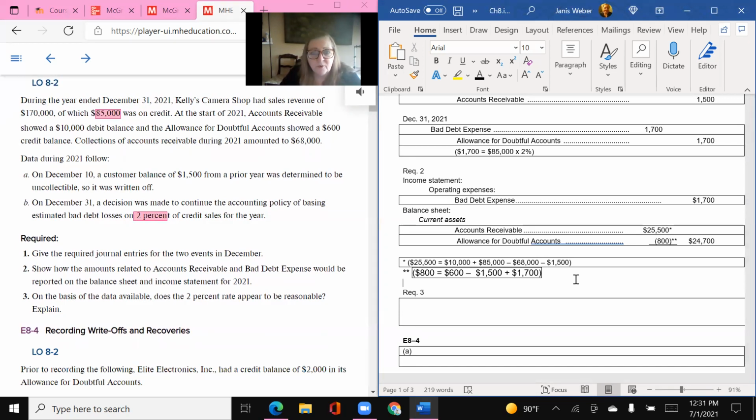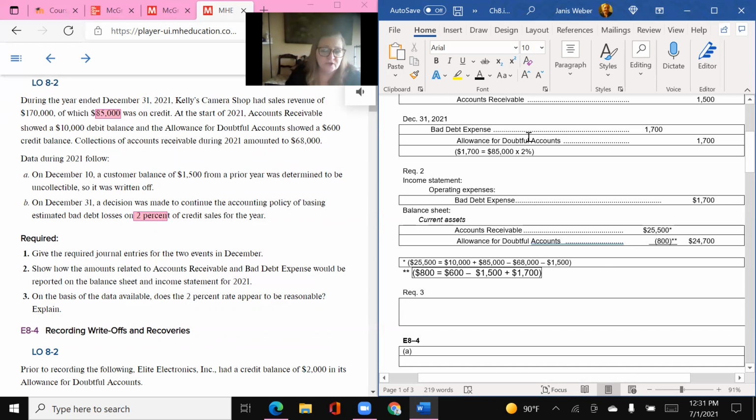The accounts receivable balance started out being 10,000, and they're just telling you that they took the information that was in here, the credit sales of 85,000 added to the 10, and then the collections of 68 reduced the balance of accounts receivable, and then the reduction of accounts receivable because of the write-off. This write-off right here.